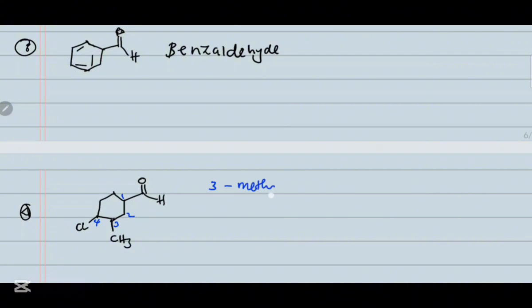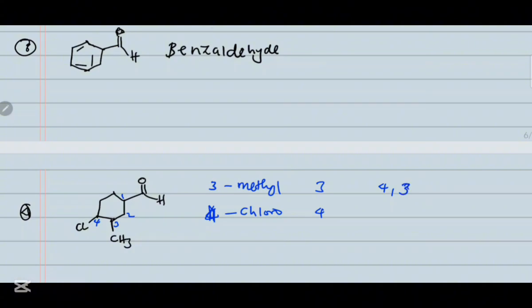So it's 3 comma what? And 4 what? 4 chloro. So since we start with 4 chloro, it will be 4 comma 3 for the first direction.